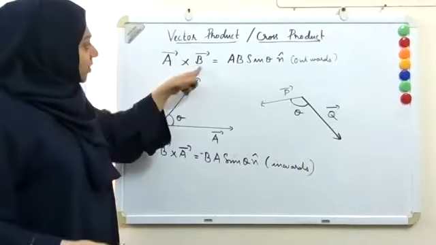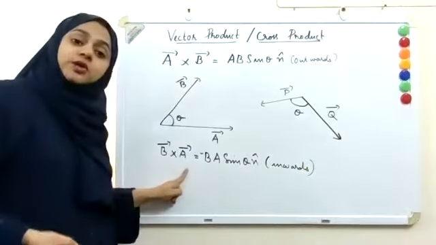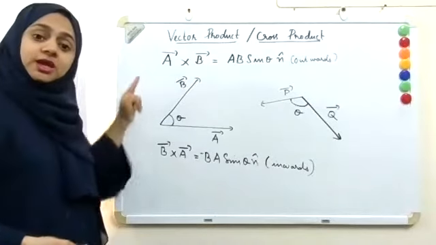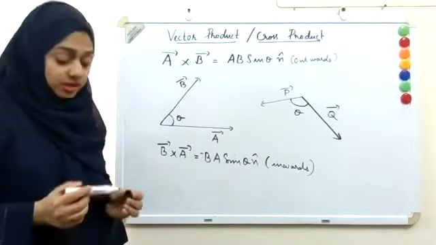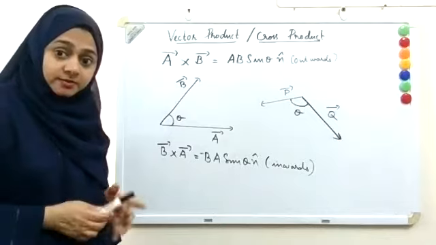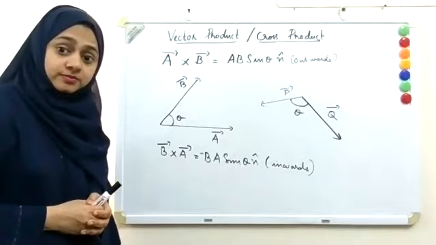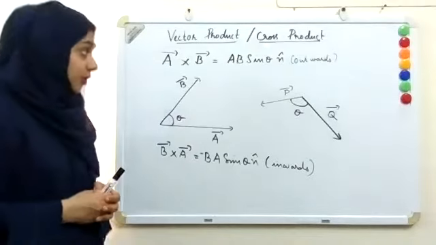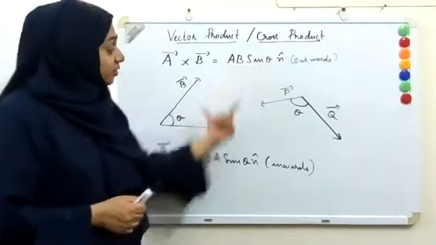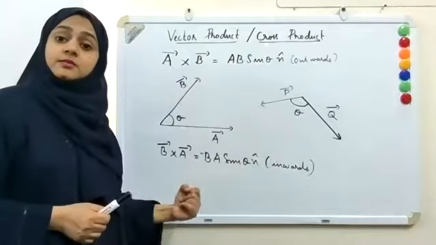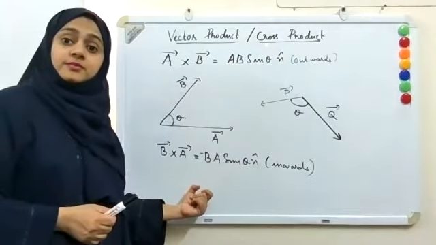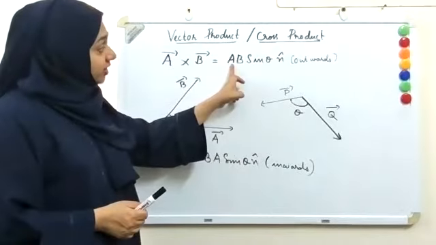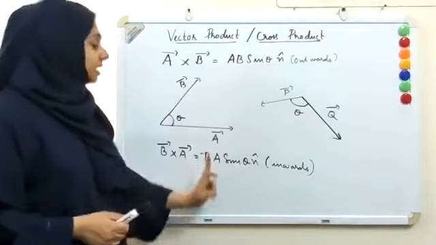So is A cross B equal to B cross A? Can you say A cross B and B cross A are equal or same? Is it same? No. Why? Is their magnitude same? The magnitude of A cross B is AB sine theta.